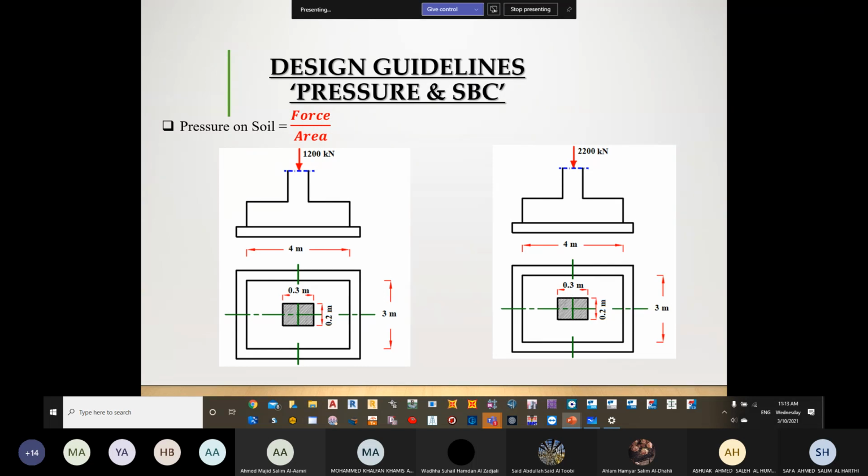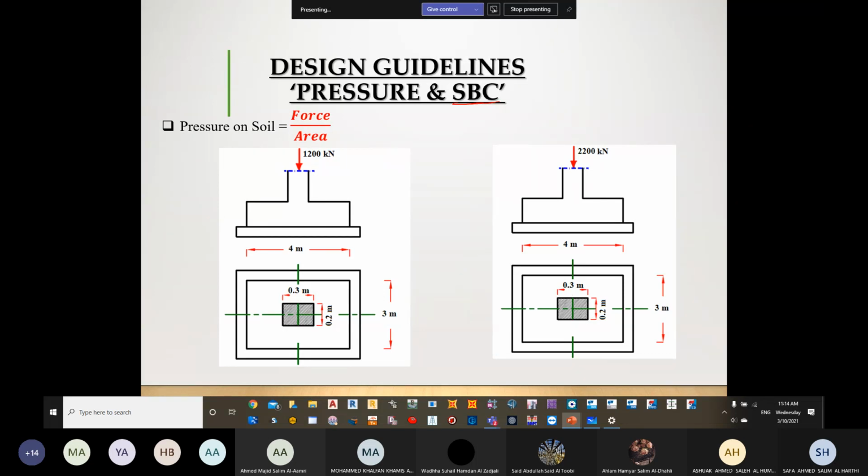Now let us see these two examples. We have pressure on the soil, which is force over area. That's the equation of the pressure. And we have something called SBC, which is safe bearing capacity. As Ms. Mazoon said for you, there are 3 types of bearing capacities.